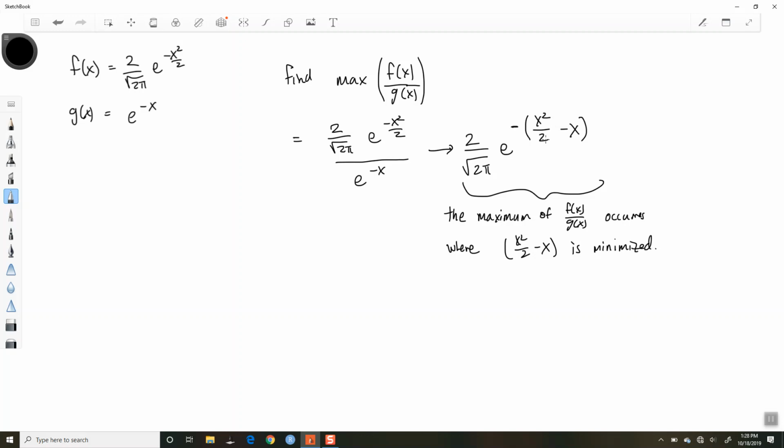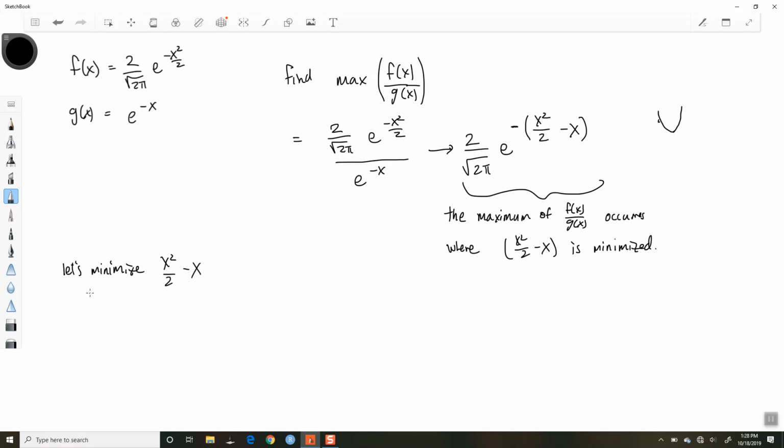So x squared over 2 minus x is some kind of parabola here. And where this is at the smallest, e to the negative of this thing is going to be its biggest. Okay, so it's not too hard. Let's just minimize x squared over 2 minus x, right?